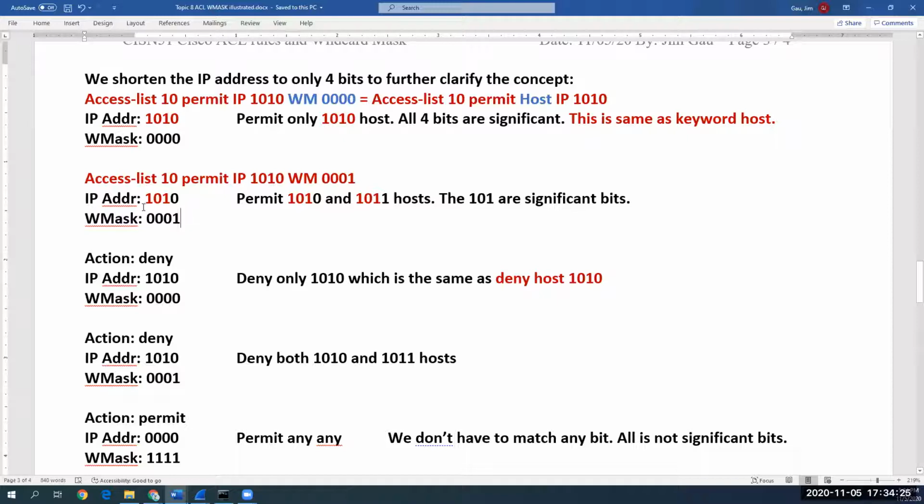Because according to the rule, we must match all the significant bits in order for you to be applied with the action. And the insignificant bit doesn't matter. So we have 2 packets that will receive this permit action.